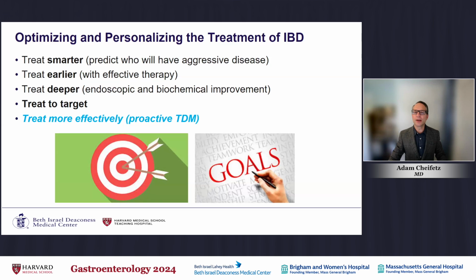Simply, we really are trying to be able to predict who's going to have a more aggressive disease course, really focus on those patients, treat them earlier with effective therapy, look beyond clinical symptoms, look beyond just a steroid-free clinical remission, really pushing towards endoscopic and biochemical improvement, if not remission, treating to target, making sure you hit whatever goal you want to with your patients, and then treating more effectively, which is what today's lecture is on, which is proactive therapeutic drug monitoring.